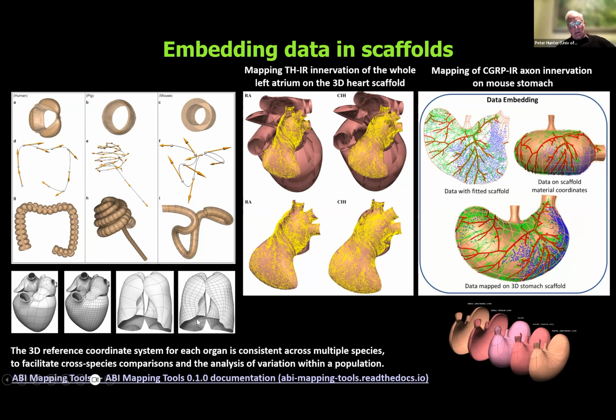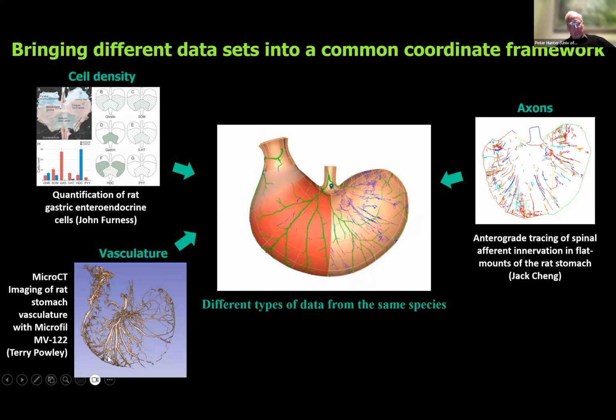One of the big advantages of this common coordinate system is that you can then map data from multiple groups. So here's data about cell type and the density of various cell types in the stomach coming from a group in Melbourne, John Furness, but also a group, Terry Powley at Purdue, mapping the vascular system, and Jack Chen in Florida mapping the autonomic system.